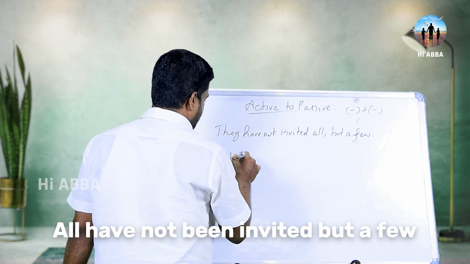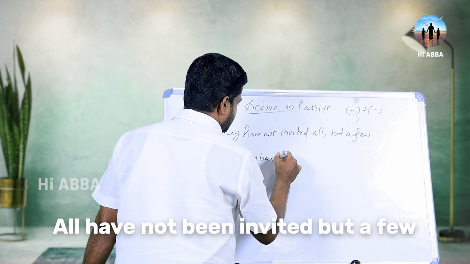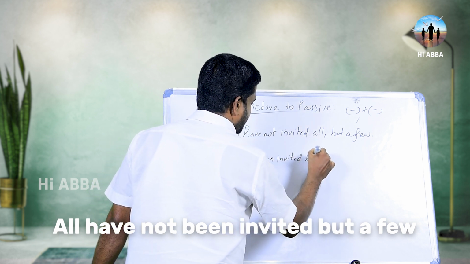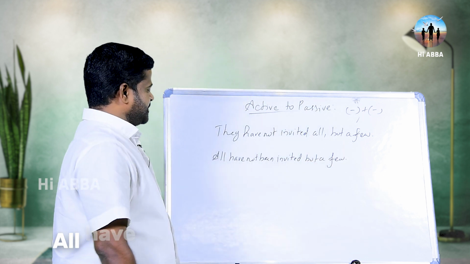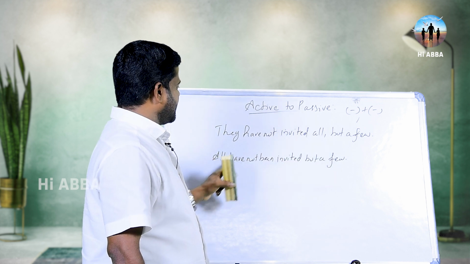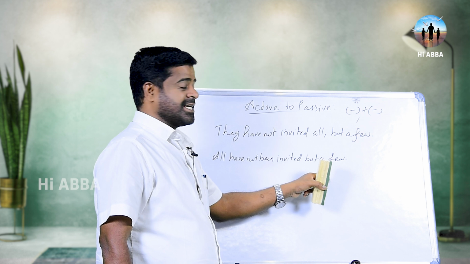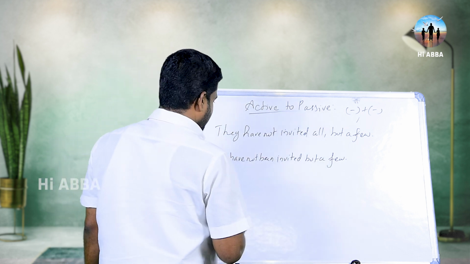All have not been invited, but a few. So this object is becoming subject, that negative sense is there as it is, but the positive sense is there as it is. Now that positive sense, how can it be written here?